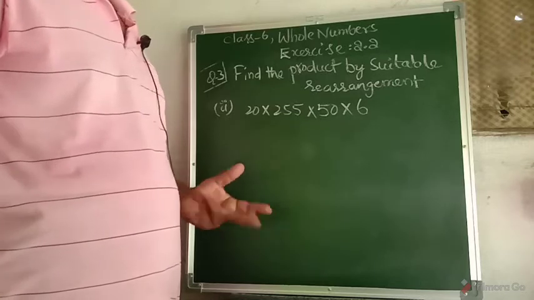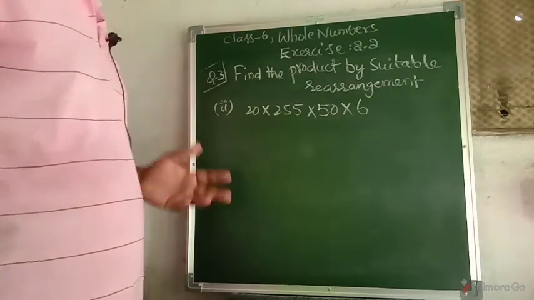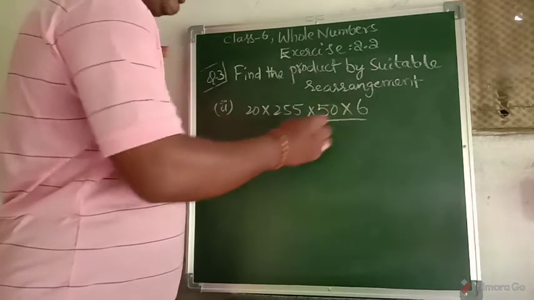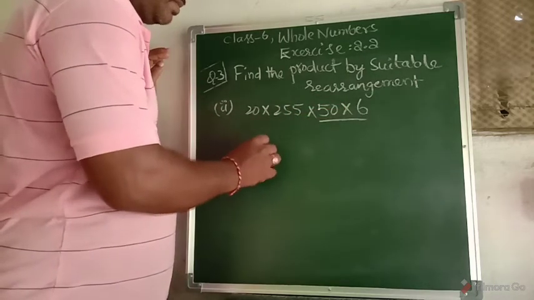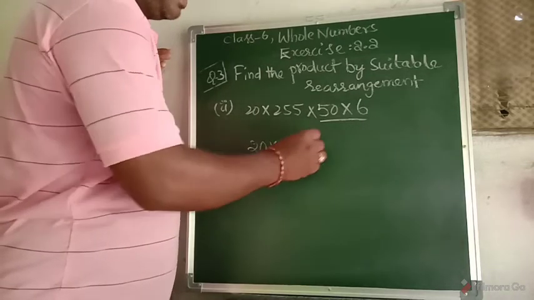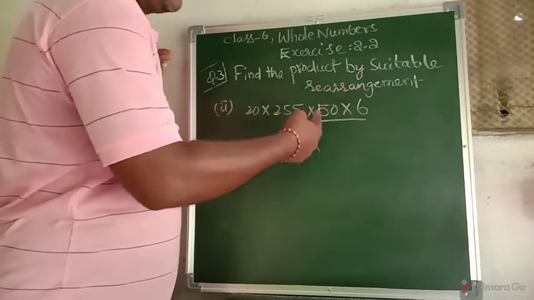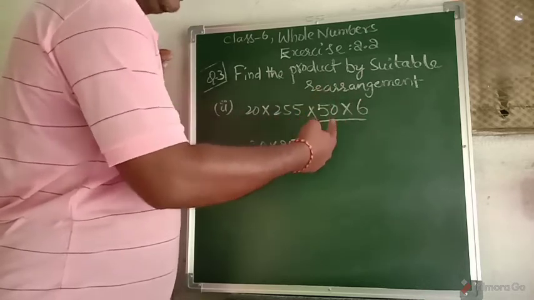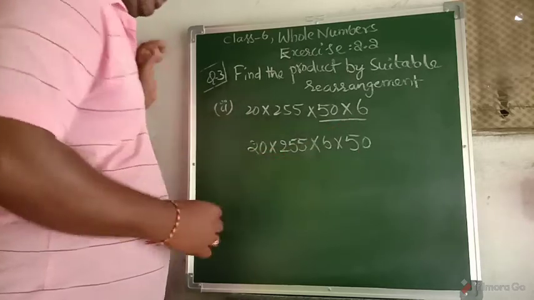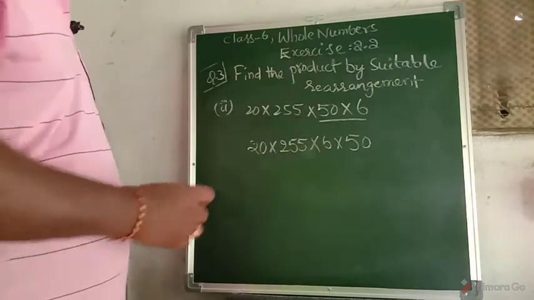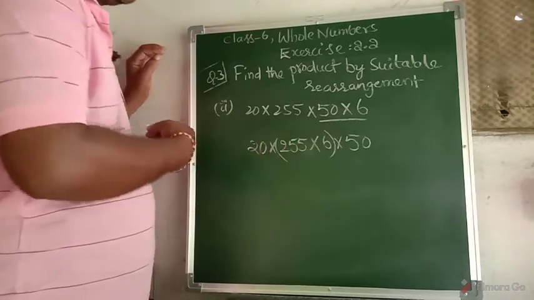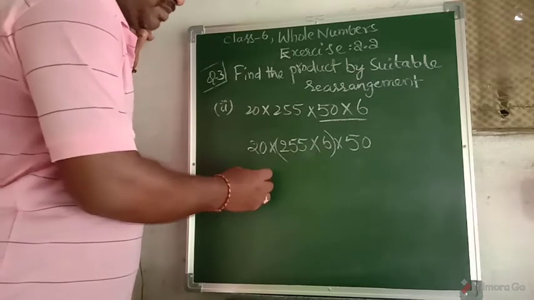So by using the commutative and associative properties, I am going to use the commutative property for these two numbers: 20 into 255 into, now changing the numbers, 6 into 50. Now find the product of these two numbers by using the associative property.